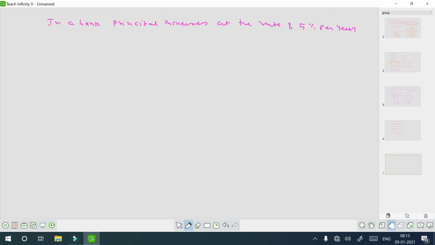An amount of ₹1,000 is deposited with this bank.